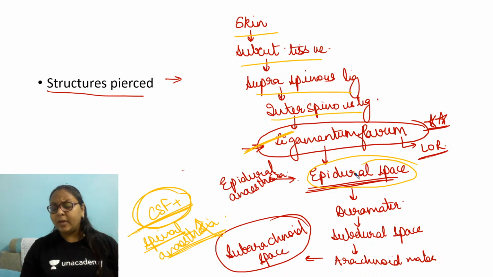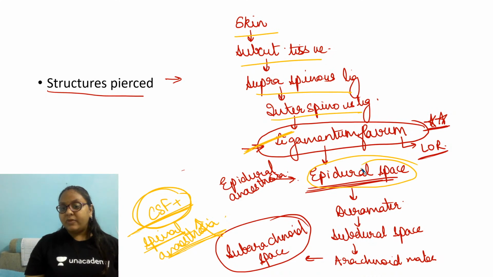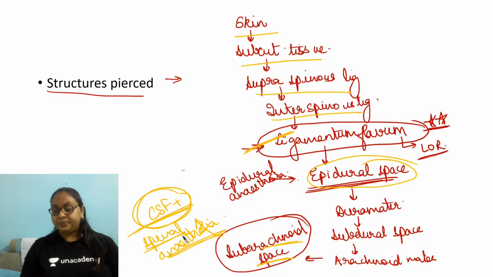If I'm injecting my drug into this empty space, that is the epidural space, we will have epidural anesthesia. Then we will pierce the dura, subdural, arachnoid matter and enter into the subarachnoid space, where CSF is present, and then we will have spinal anesthesia.